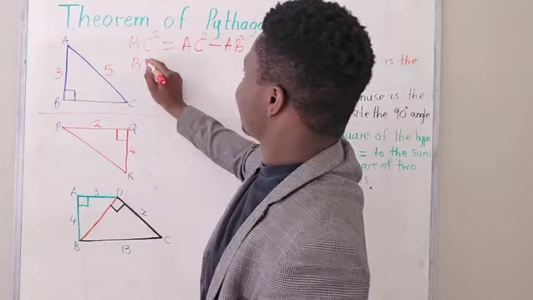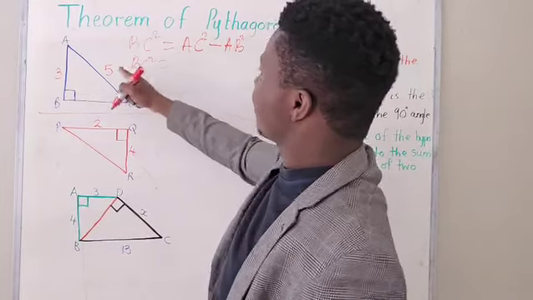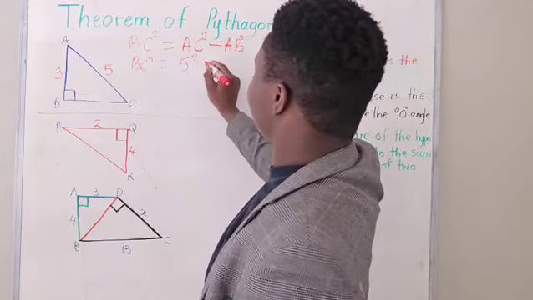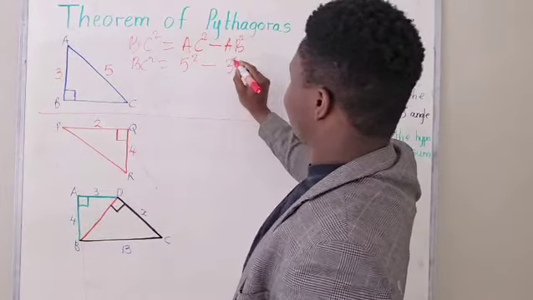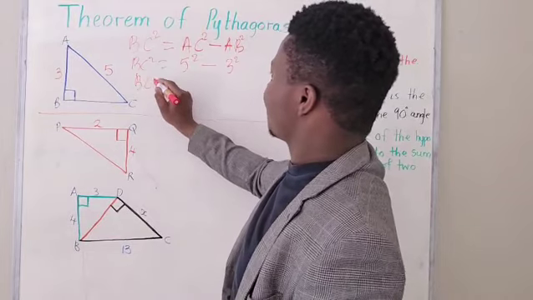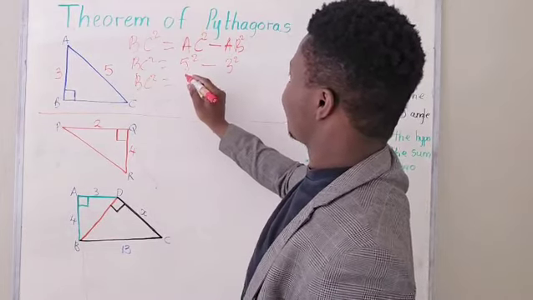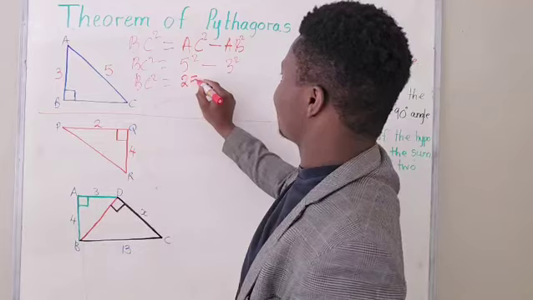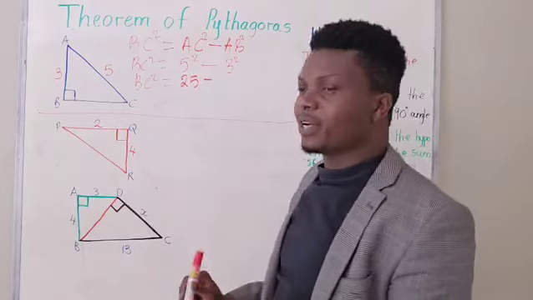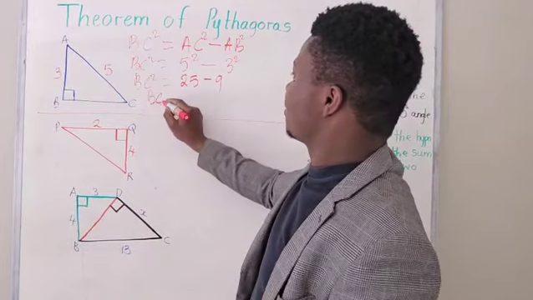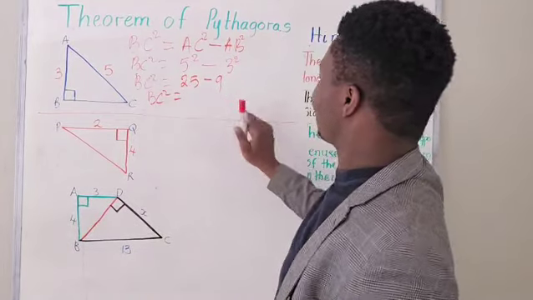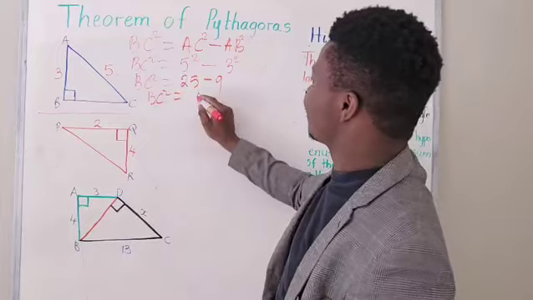BC squared equals my AC, which is 5 squared, minus my AB, which is 3 squared. BC squared equals 5 squared, meaning 5 times 5, which is 25, minus 3 squared, meaning 3 times 3, which is 9. BC squared equals 25 minus 9, we get 16.